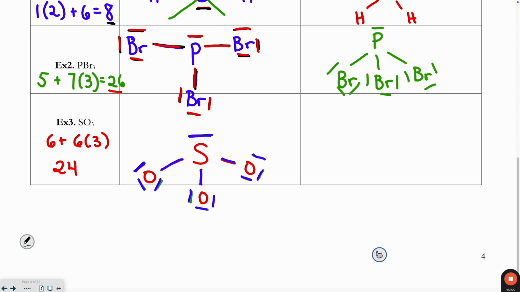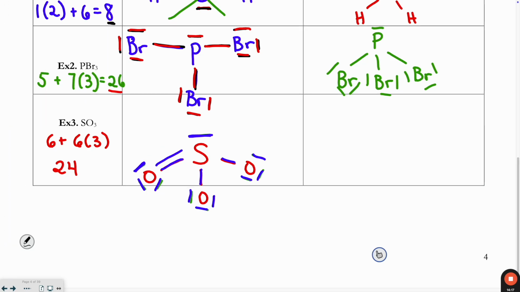But don't go to a double or a triple bond until you've made everyone happy with a single bond and then say, oh no, I'm using too many electrons. So I'm in that oh no moment. I'm using too many electrons. I'm using 26. So if I add a double bond here, what that means is sulfur has 2, 4, 6, 8, 10 electrons on it, too many.